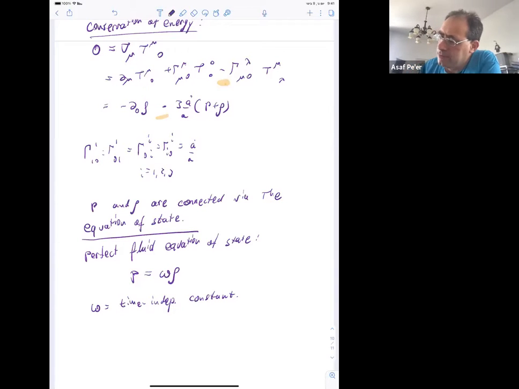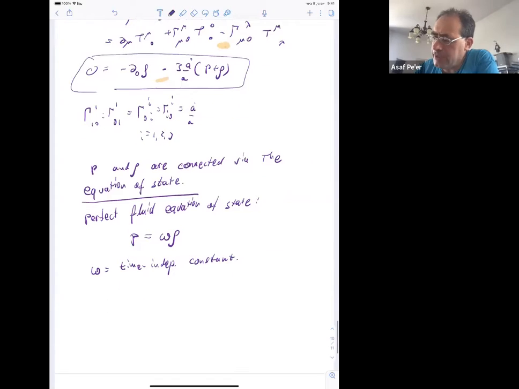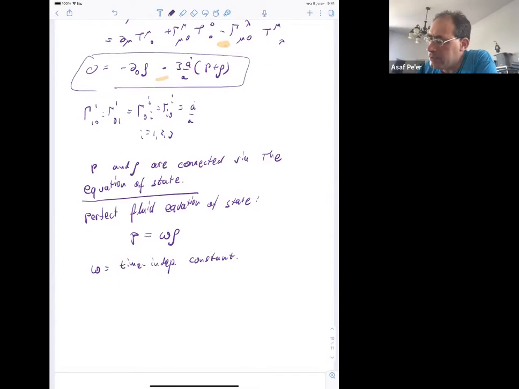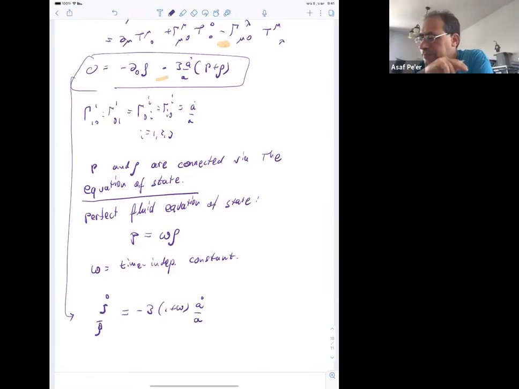So if we have that, I can use this equation here. This is equal to 0, of course. I can simply write it as rho dot over rho is just minus 3 times 1 plus omega times a dot over a, if I write p equal to omega rho and plug it in here.